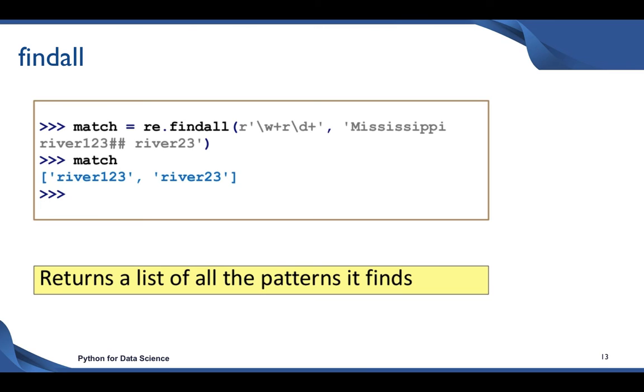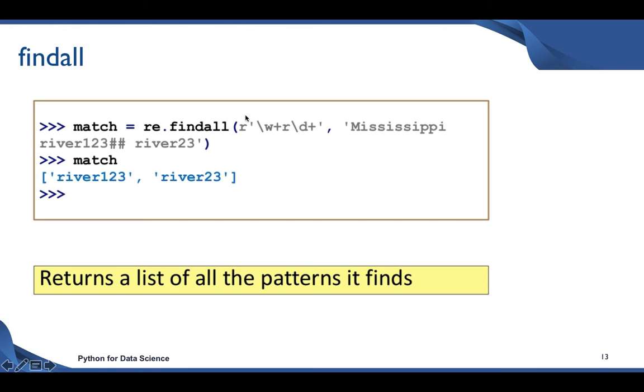Then the next method is findall. What findall does is it returns a list of all the patterns which it finds. So here we have entered our regular expression in which we are trying to find all the words, and we have R also, defined by the \d, that is the number of digits occurring after R, and that could be one or many.